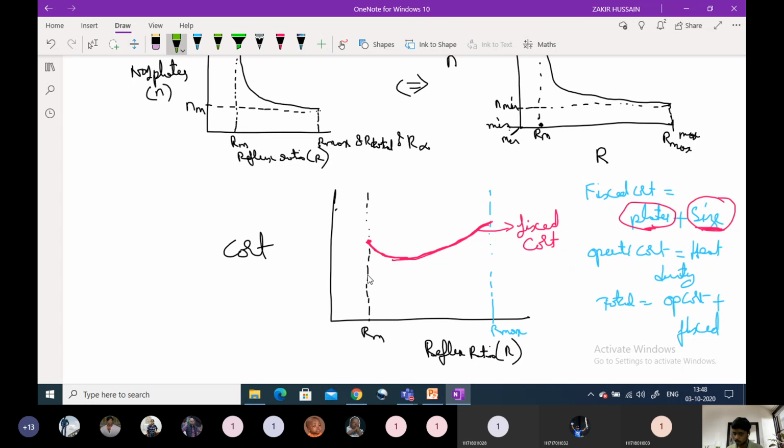Okay, operating cost, if you see, compared to the fixed cost at minimum reflux, the operating cost will be low compared to this fixed cost, because a minimum amount of liquid is just collecting and just being sent back to the column. So because of this, the operating cost will go like this.